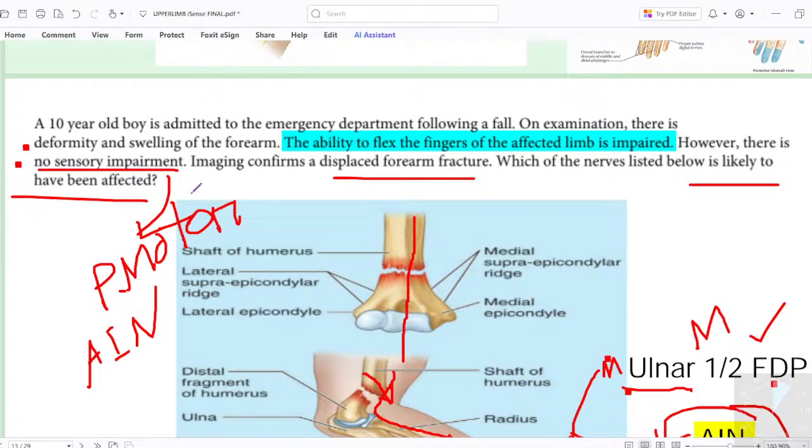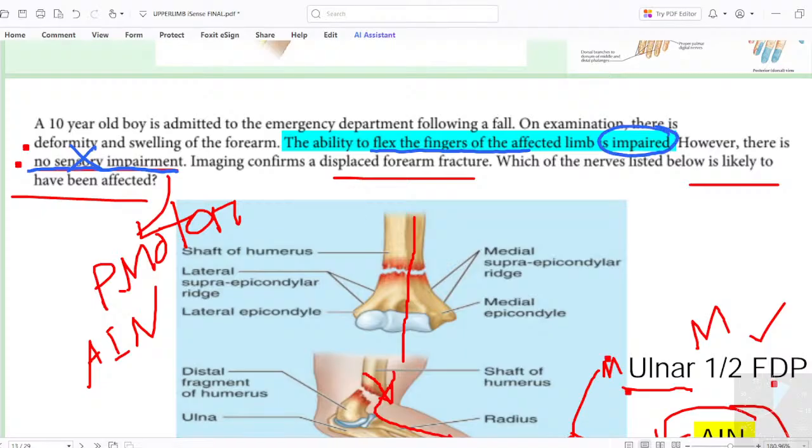See, some clues: no sensory impairment means the nerve which is affected is not a sensory nerve, it is a motor nerve. The ability to flex the fingers of the affected limb is impaired, meaning flexion is impaired.